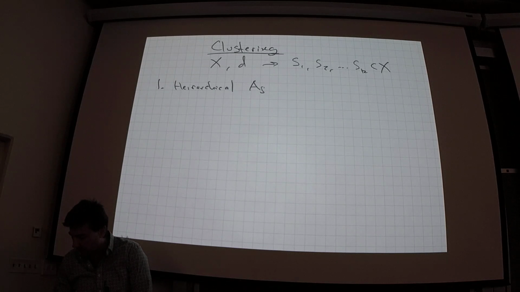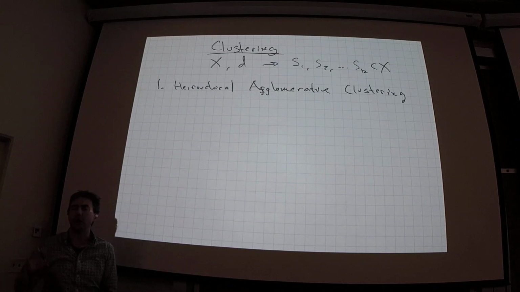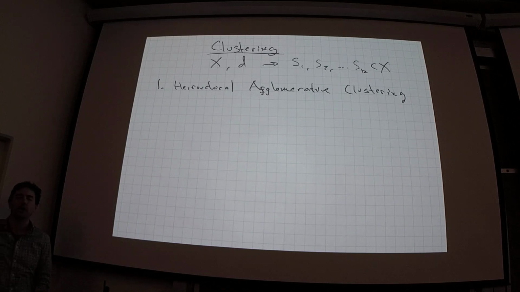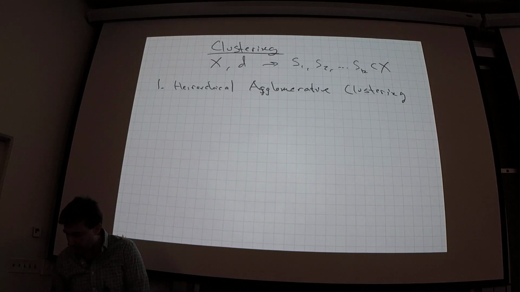The first one we talked about was hierarchical agglomerative clustering. If you remember, you had these data points, and it kept grouping them together, and then grouping together these whole clusters.